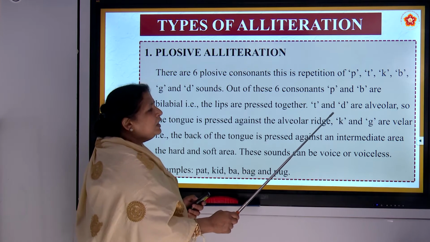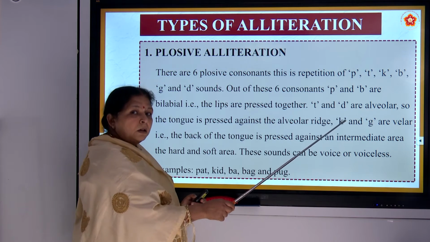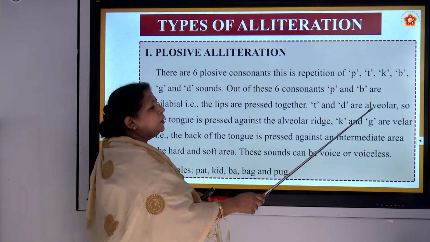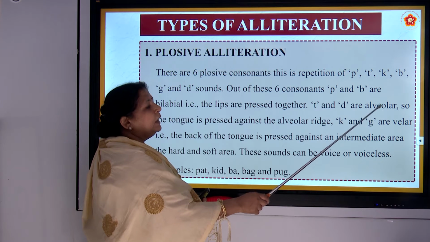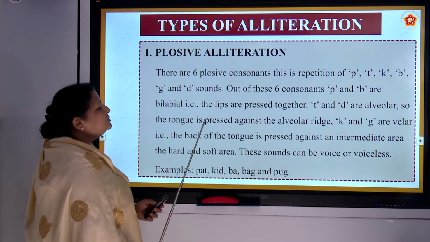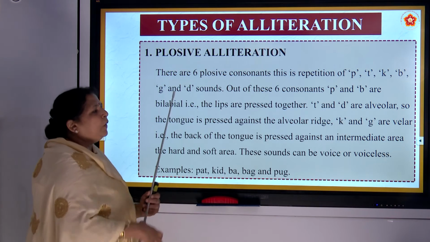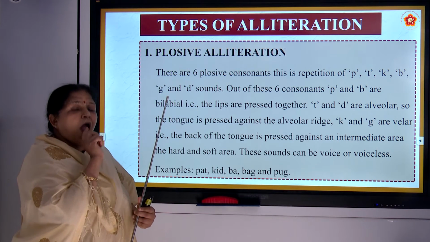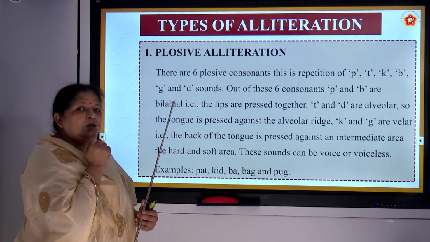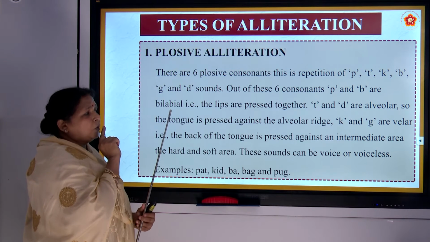Now let us go to the next. T and D are alveolar, A-L-V-E-O-L-A-R, alveolar. So the tongue is pressed against the alveolar ridge. The alveolar ridge is up behind our front teeth, that place is called alveolar.